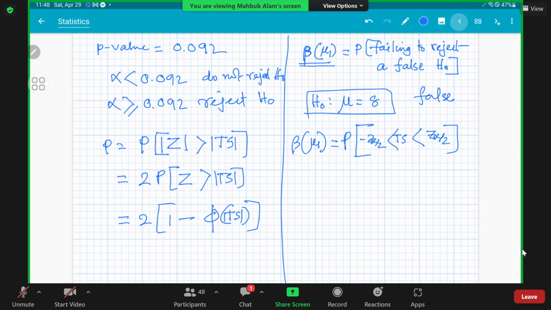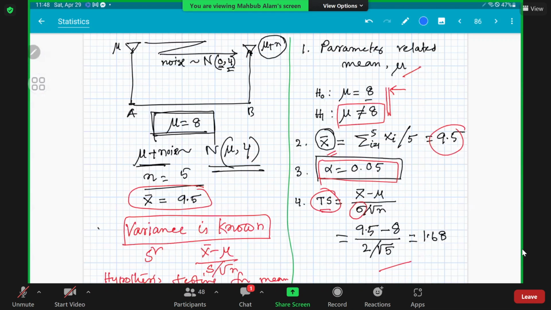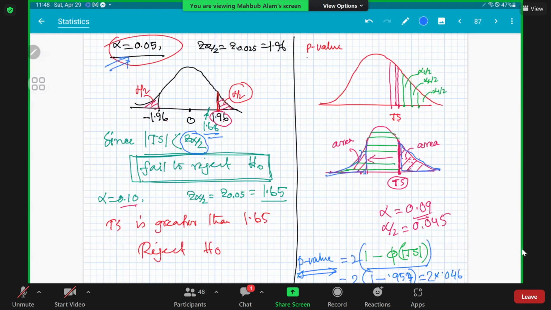This is very simple. If we just look here, you are testing a hypothesis and you calculate the test statistic 1.68. And once you have the value of 1.68 for the test statistic for a given significance level, say alpha is equal to 0.05, if you find it is less than 1.96, you do not reject the null hypothesis.